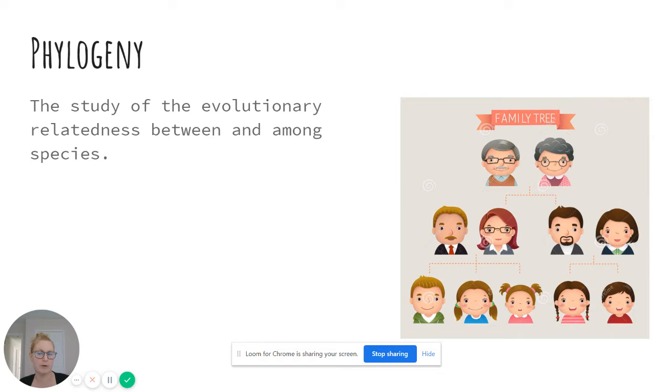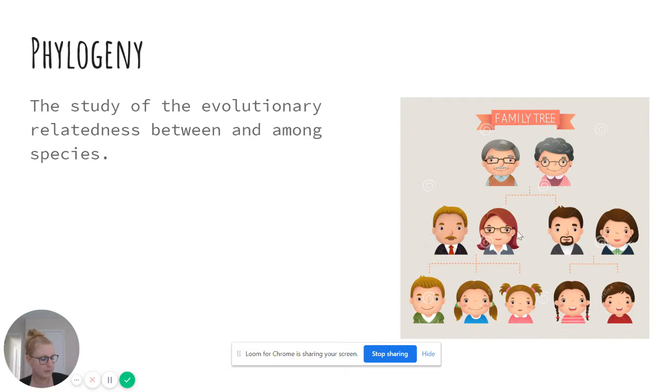So I was mentioning previously, thinking of a family. We have this new term here, phylogeny. And phylogeny is studying how things are related. So I was mentioning those terms before, closely related versus distantly related. So for example, in this family tree, which I'm sure you've seen some version of this before, we have two people here who are siblings.